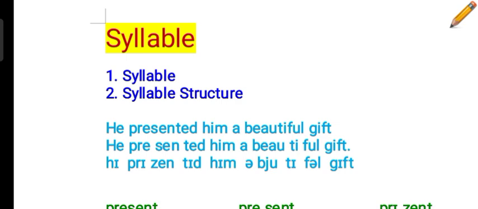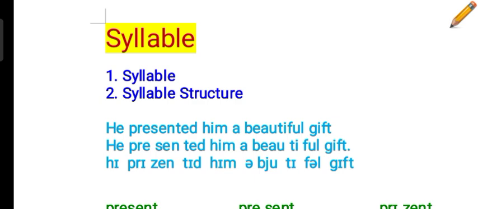In today's lecture, I'll try to discuss syllable and syllable structure. You have to listen to me and watch this video lecture and try to understand syllable and syllable structure. It is very important to know what a syllable is.